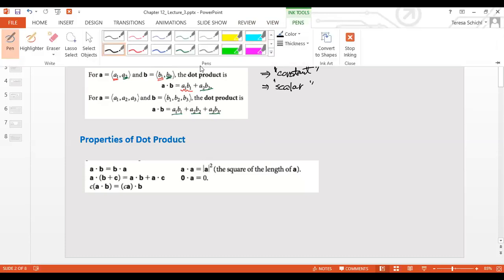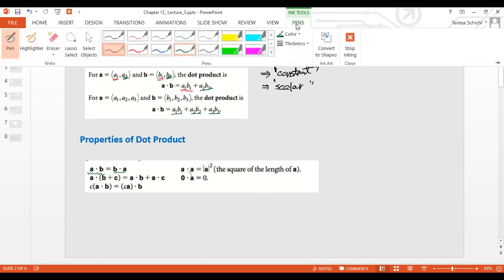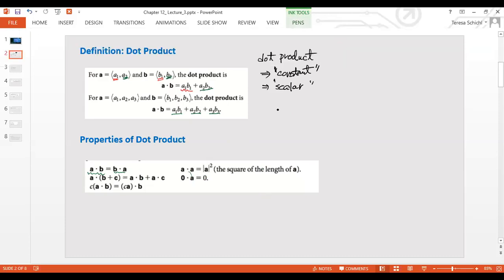Now let's take a look at the properties of the dot product. The first property says you can switch the order, and that does not make any difference, so it will be equal. Also, the dot product of a vector with itself is the length squared. If you still remember, this is a refresher from the previous lecture.